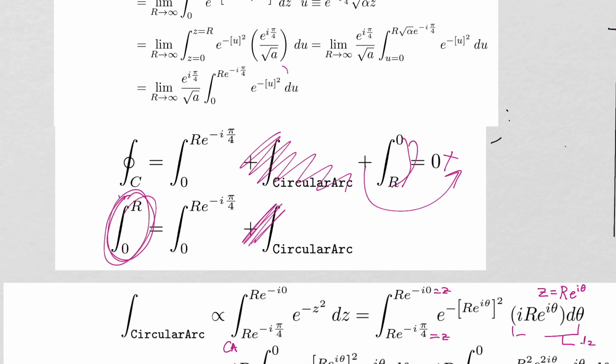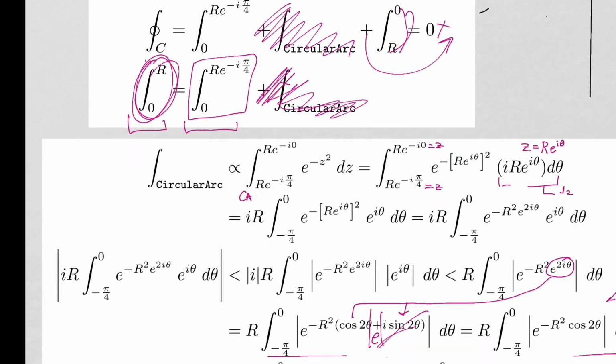This integral here is now equal to our integral, and the circular arc is 0. So now if I can calculate this integral, then I get our answer. Phew. So let's see what the next step is to do that part.